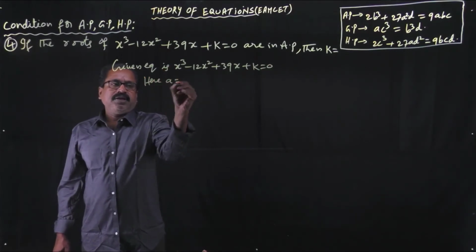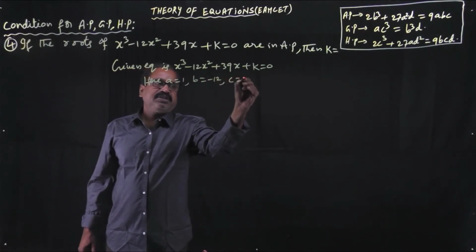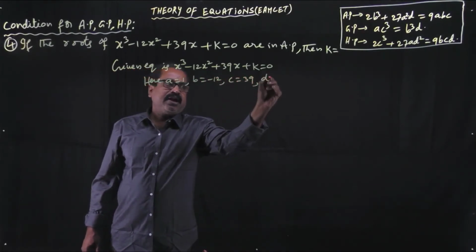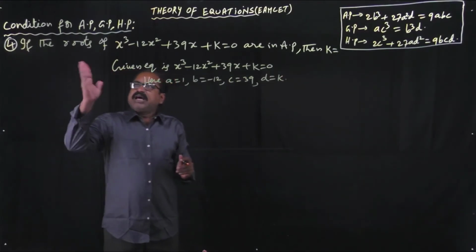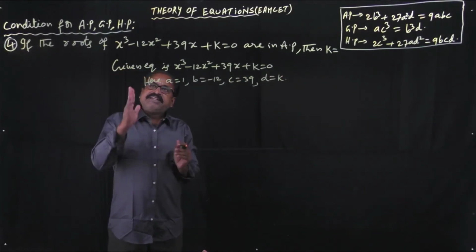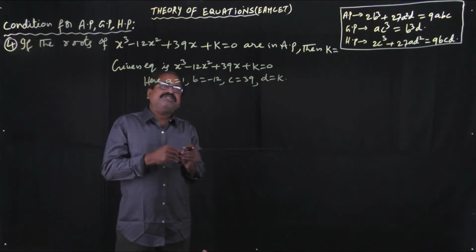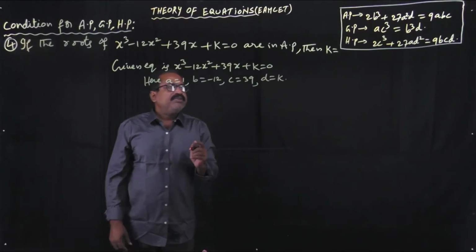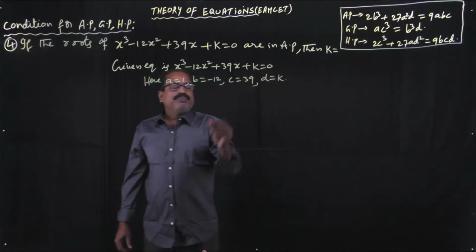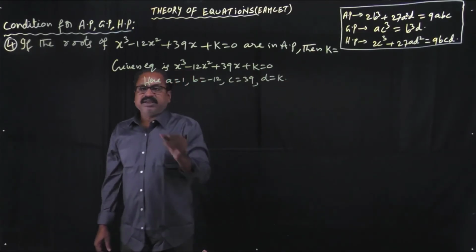Here a is equal to 1, b is equal to minus 12, c is equal to 39 and d is equal to k. We know that if the roots of ax cube plus bx square plus cx plus d is equal to 0 are in AP, then the condition is 2b cube plus 27a square d is equal to 9abc.